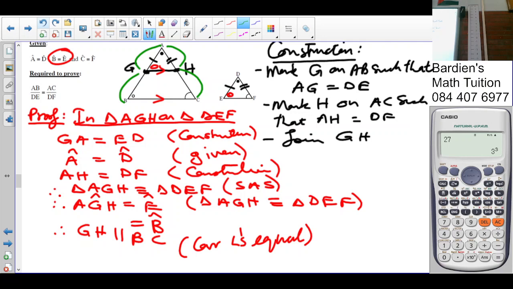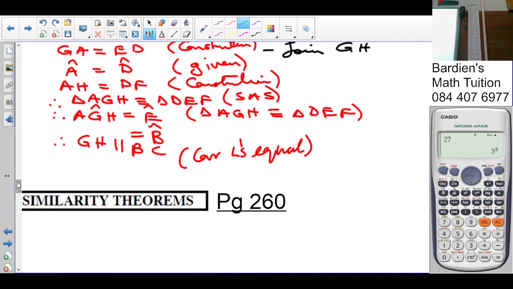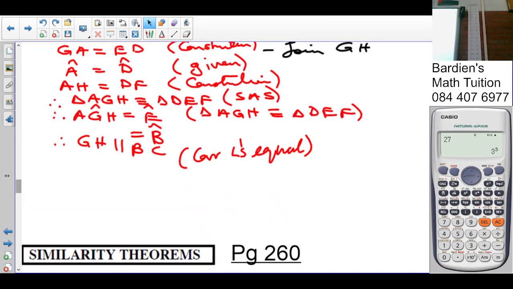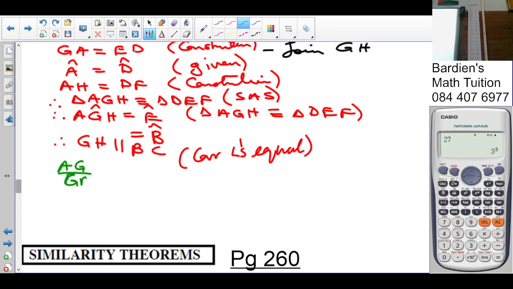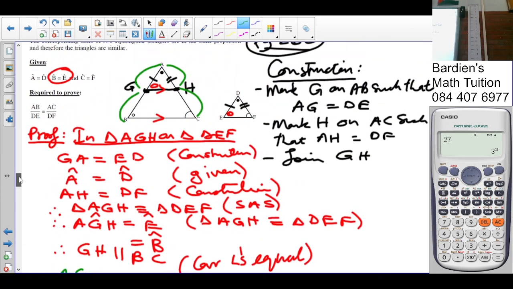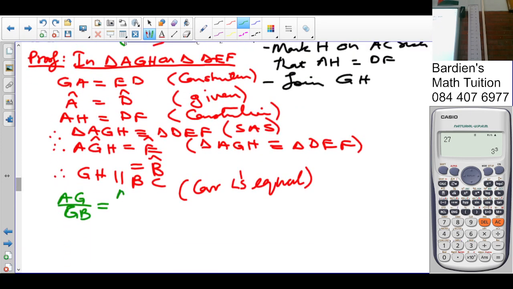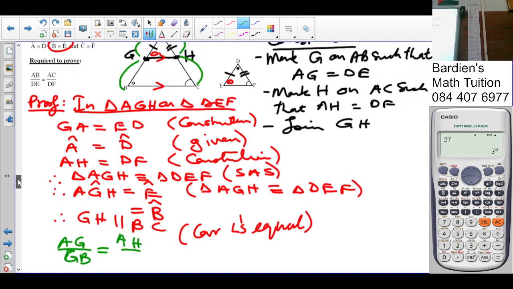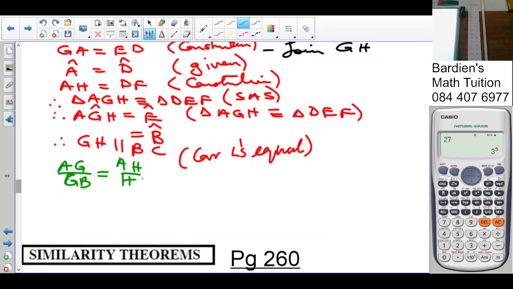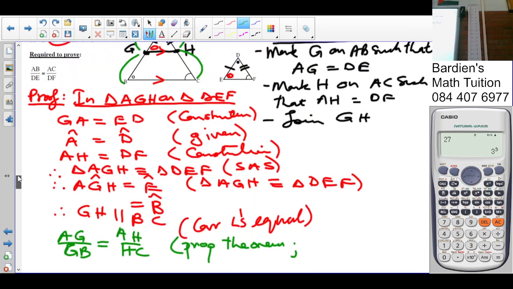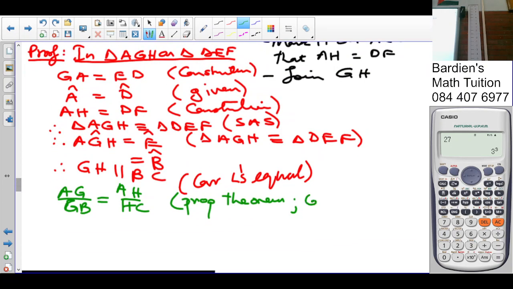I'm going to use that now. I'm going to say that AG over GB is equal to AH over HC. And what's the reason there? The proportionality theorem with GH parallel to BC.